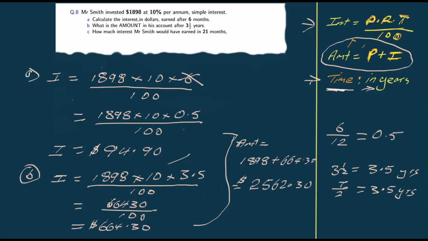So again, the amount after 3.5 years, first of all, we worked out the interest, which is 664, and then we calculate the amount, which is 1898 plus 664, and we get a final total of $2,562.30. And that is the amount after 3.5 years.